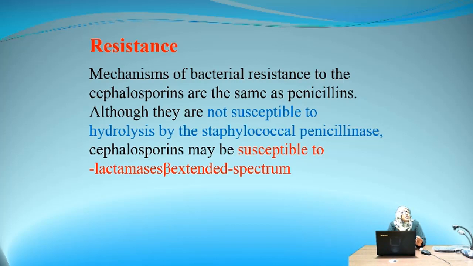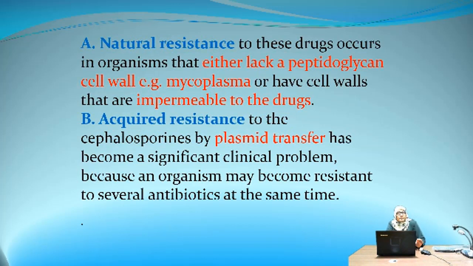Cephalosporins may be susceptible to extended spectrum beta-lactamases. Resistance to cephalosporins involves natural resistance and acquired resistance. Natural resistance to these drugs occurs in organisms that either lack a peptidoglycan cell wall, for example mycoplasma, or have a cell wall that is impermeable to the drug, resulting in resistance to cephalosporins.